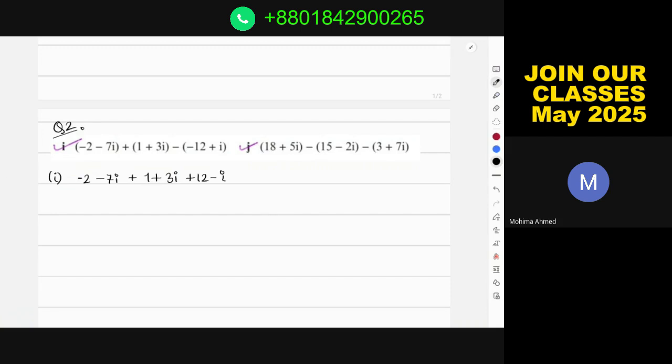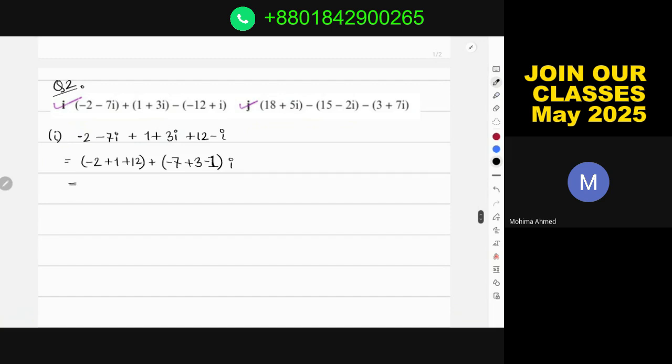You have to take all the normal numbers together and the imaginary numbers together. So you have minus 2 plus 1 and plus 12. And then after that you have minus 7 plus 3, I made a mistake, it's supposed to be 3 also, minus i.